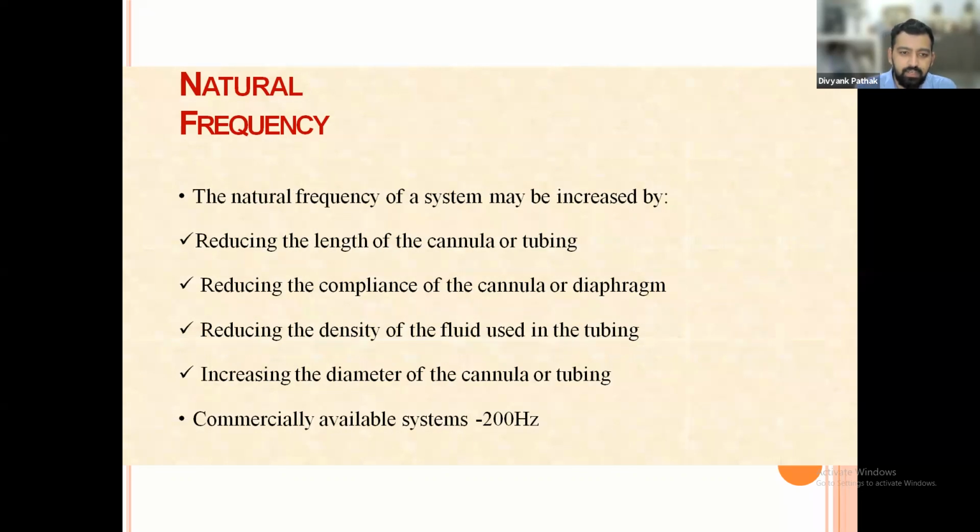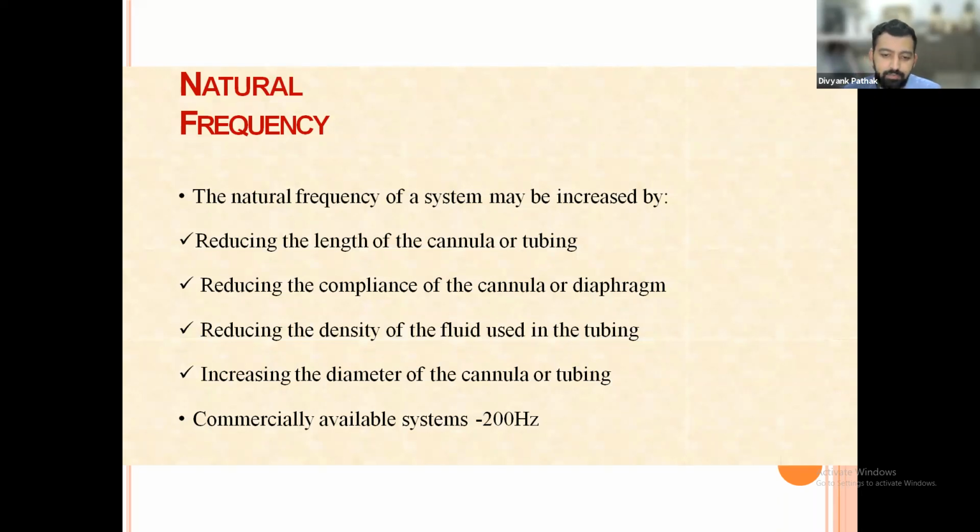Natural frequency is increased by reducing the length of the cannula or tubing. Now these points are very important because these determine why we choose a specific type of cannula or tubing for arterial waveform or pressure monitoring. It is increased by reducing the length of the cannula or tubing, reducing the compliance of the cannula or diaphragm of the tubes, reducing the density of the fluid used in the tubing, and increasing the diameter of the cannula or tubing.